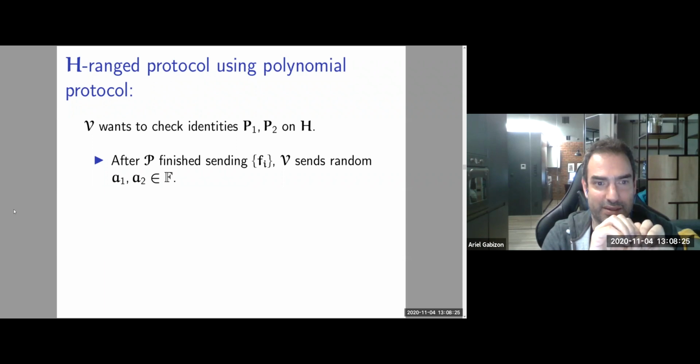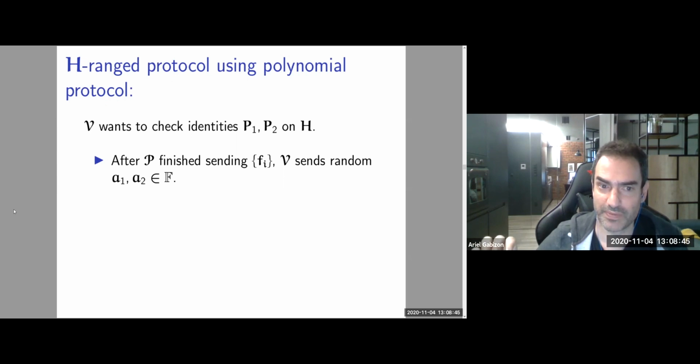And so how do I simulate it? Well, I let the protocol run as usual. And now when it comes time to check the identities, V will choose two random coefficients and send them to the prover.